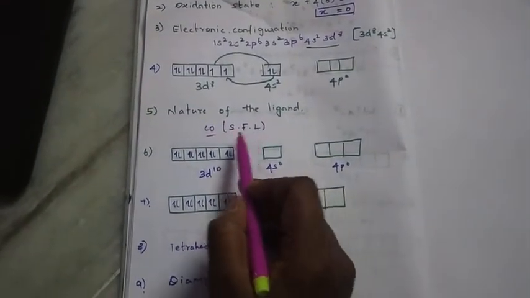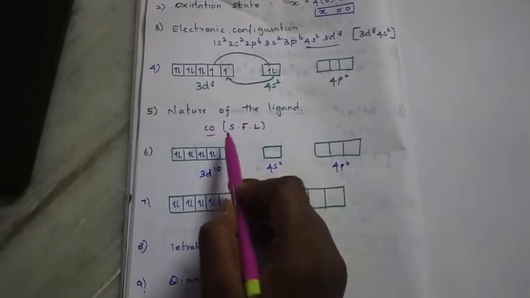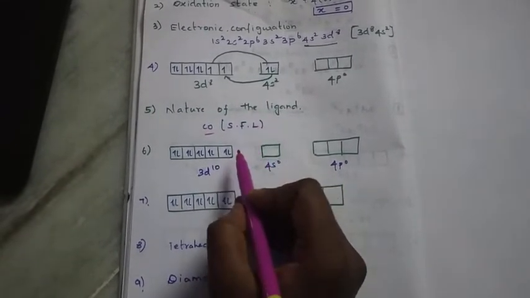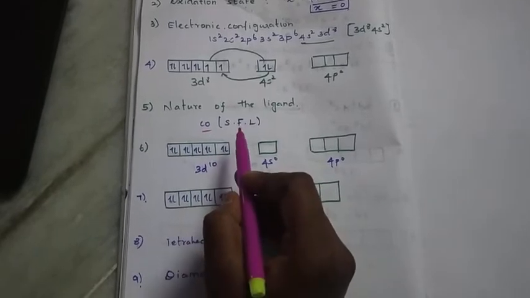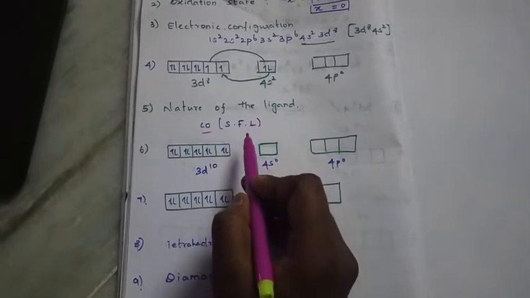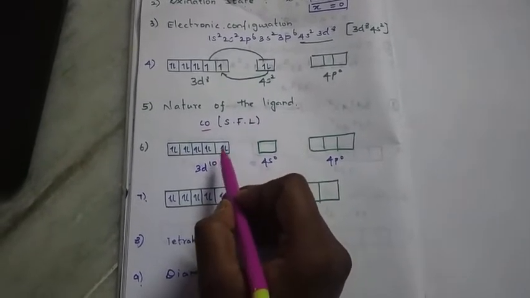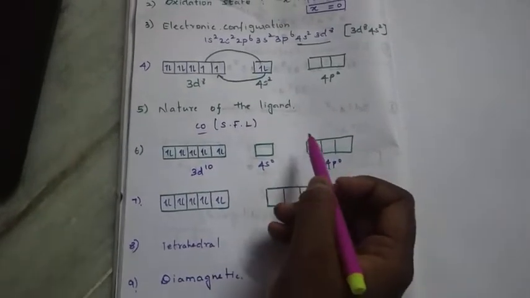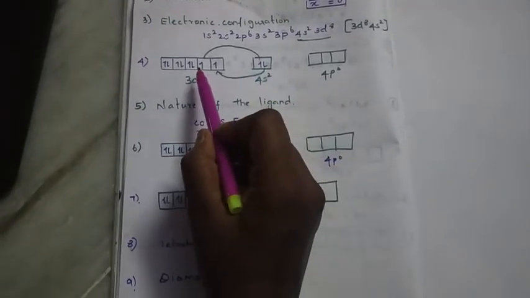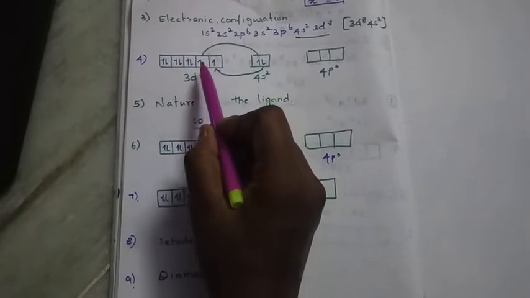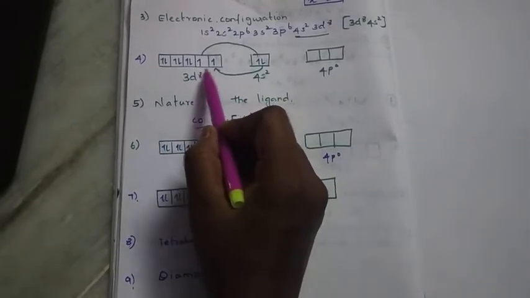If it is a strong field ligand, what is the work of the strong field ligand? It can pair up the electrons. The strong field ligand will pair up the electrons present in the degenerate set. You see here, in this case 3d8, these two electrons are not paired.